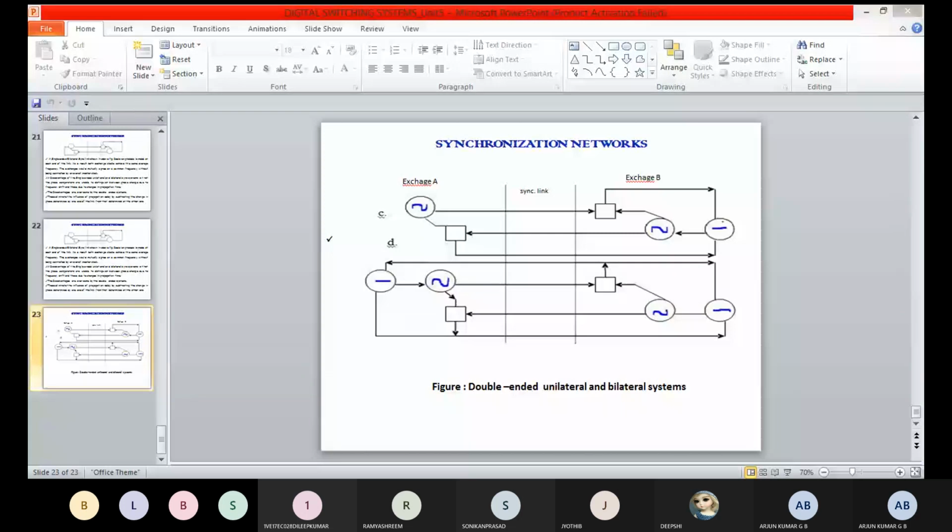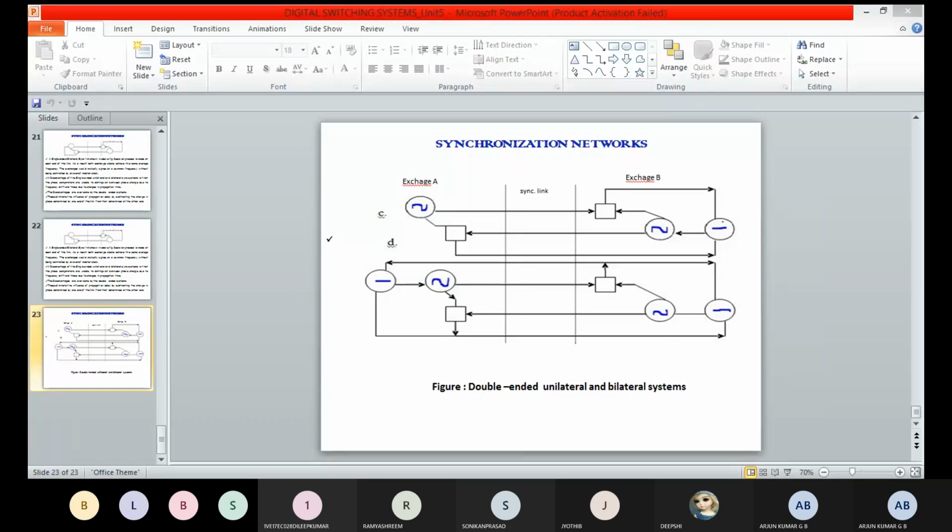Similarly, you can see the figure. For the bilateral, the first figure represents the single-ended bilateral synchronous link. In this case, the decision process is made at each end of the link only. As a result, both clock exchanges achieve the same average frequency.